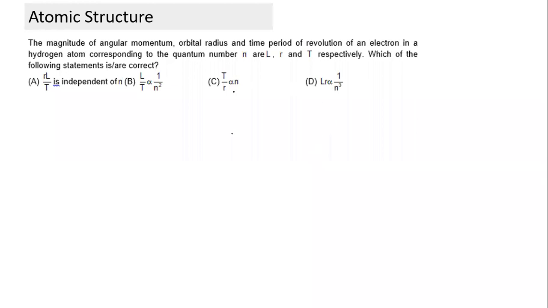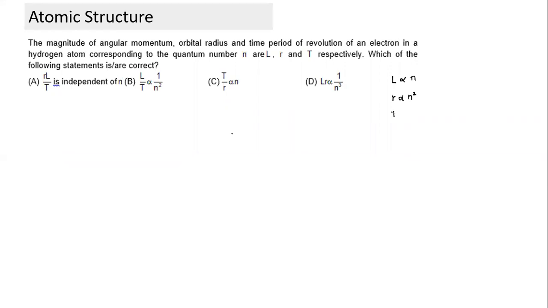Which of the following statements are correct? Again, in a similar way: r, L, n. How is angular momentum related to n? Angular momentum is proportional to n. Orbital radius is proportional to n square.